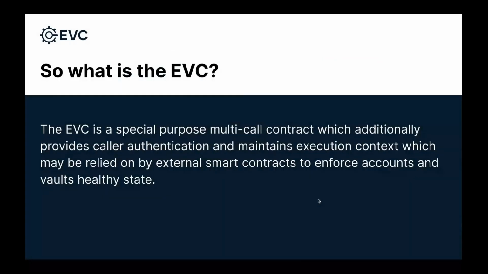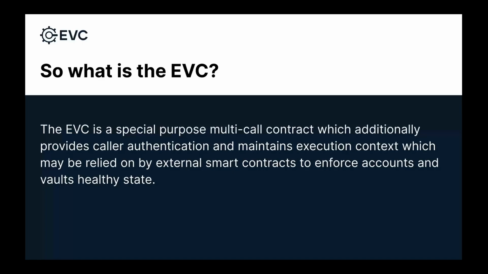So what is the EVC ultimately? Note that we've made a full circle because we started with that question at the beginning, and now we are asking it again. So ultimately, you can think of the EVC as a special purpose multi-call contract, which additionally provides caller authentication and maintains execution context, which may be relied on by external smart contracts to enforce accounts and vaults' healthy state.